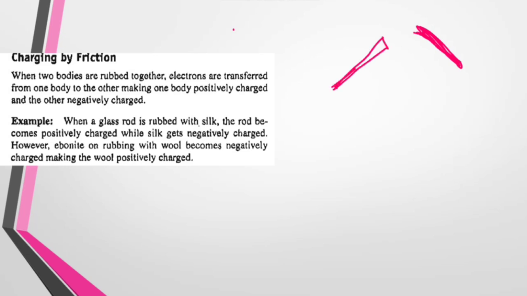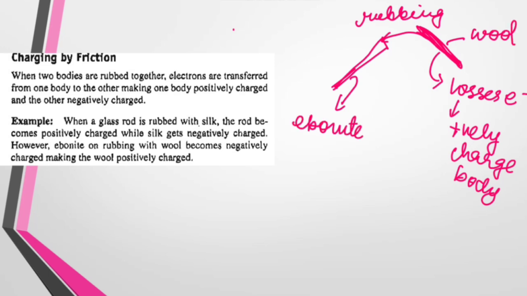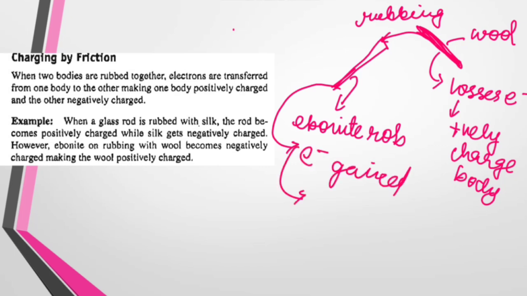When I do the rubbing, this wool loses electrons, so it becomes a positively charged body, and this ebonite rod gains electrons and becomes a negatively charged body. Okay, I hope you understand this. Thank you.